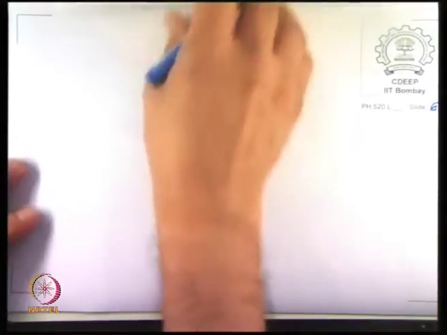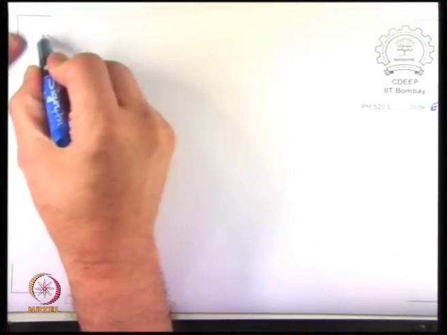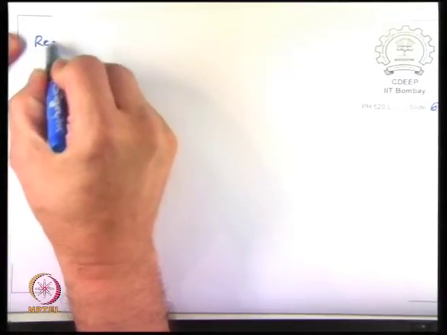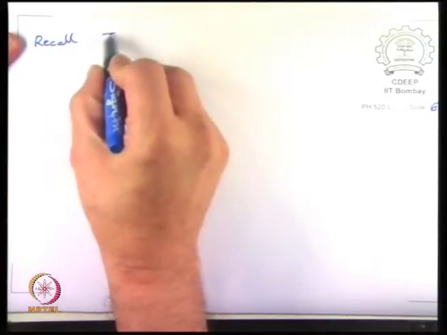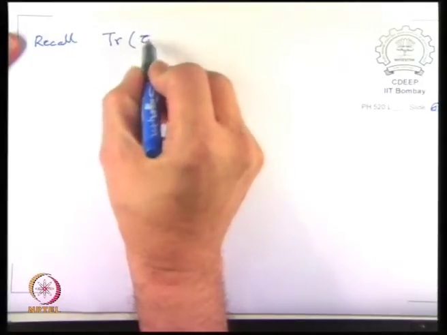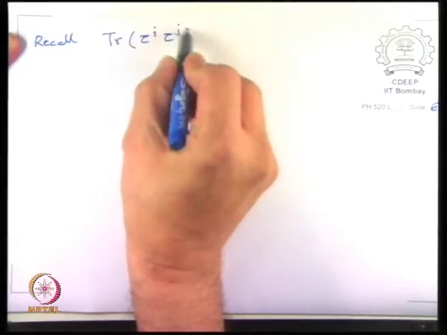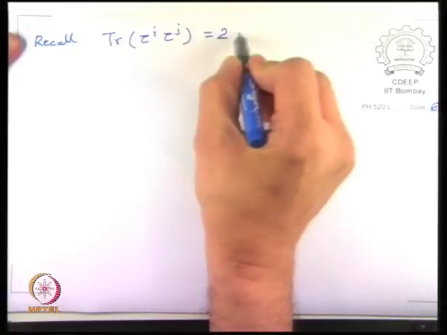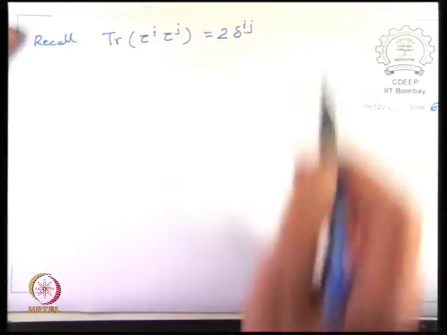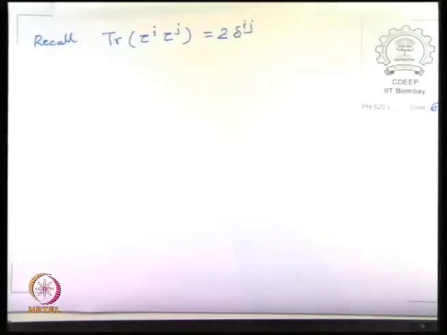So how does it work? Remember that trace of tau I tau j was equal to 2 times delta ij, because the Pauli matrices are traceless, and if you take a product, then you remember that they satisfy tau I tau j equal to epsilon ijk times tau k.